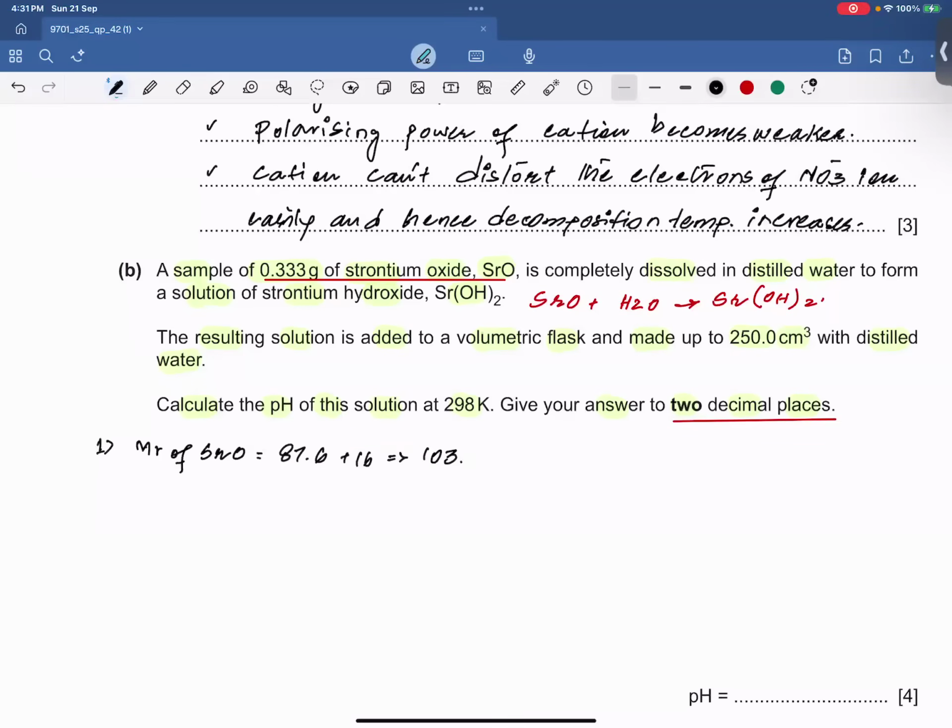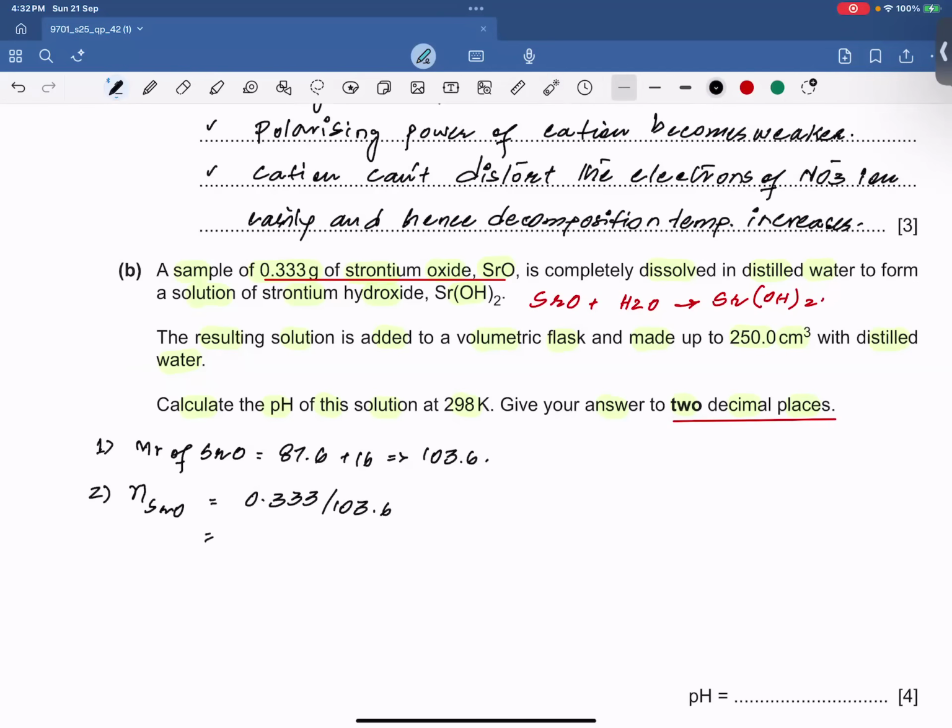All right. Since we know the mass and we know the Mr, we can find the moles. So in the second step, let's find the moles of strontium oxide. So it's 0.33 gram divided by 103.6.